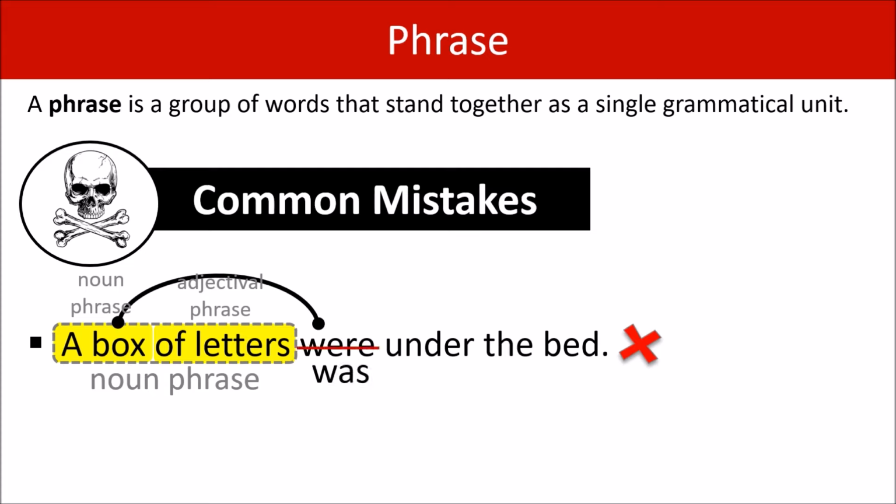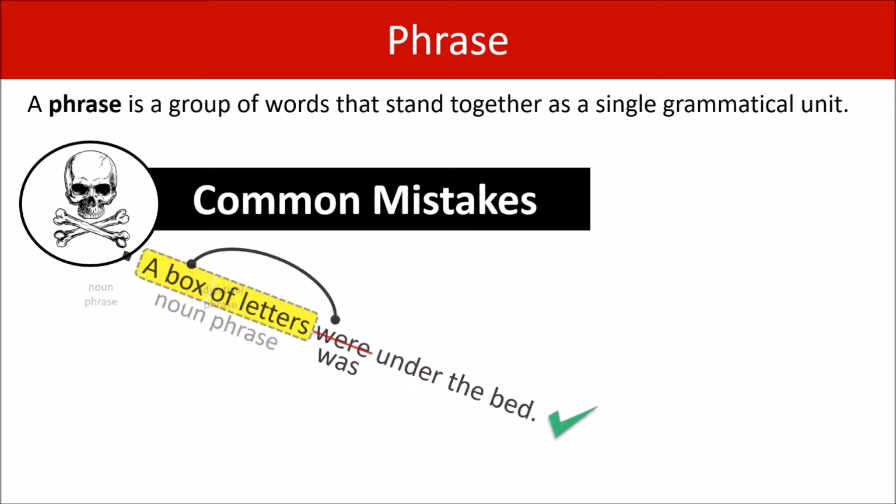If we got rid of the adjectival phrase, we would just be left with a box was under the bed. And you can hear that that is correct. So just be careful with noun phrases. Don't let any adjectival phrases take your eye away from the noun that's governing the verb. I hope that makes sense. So this one is now correct.